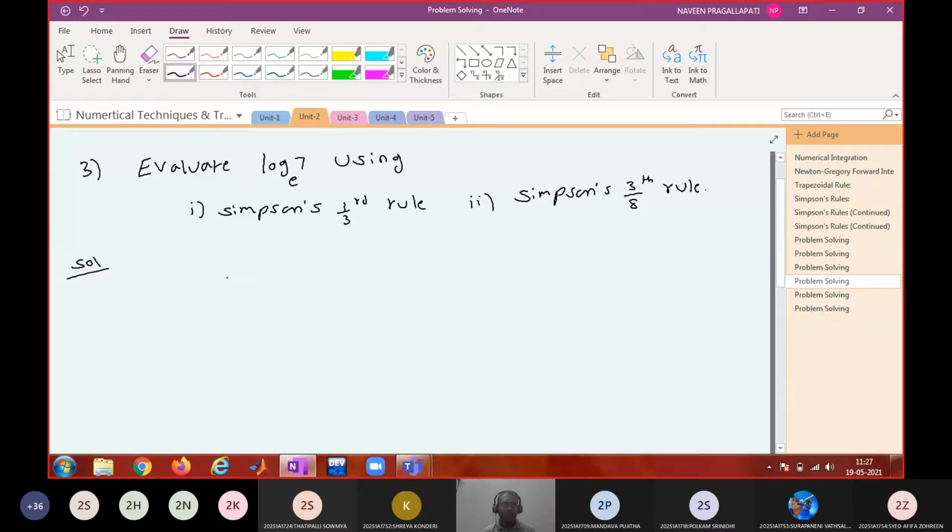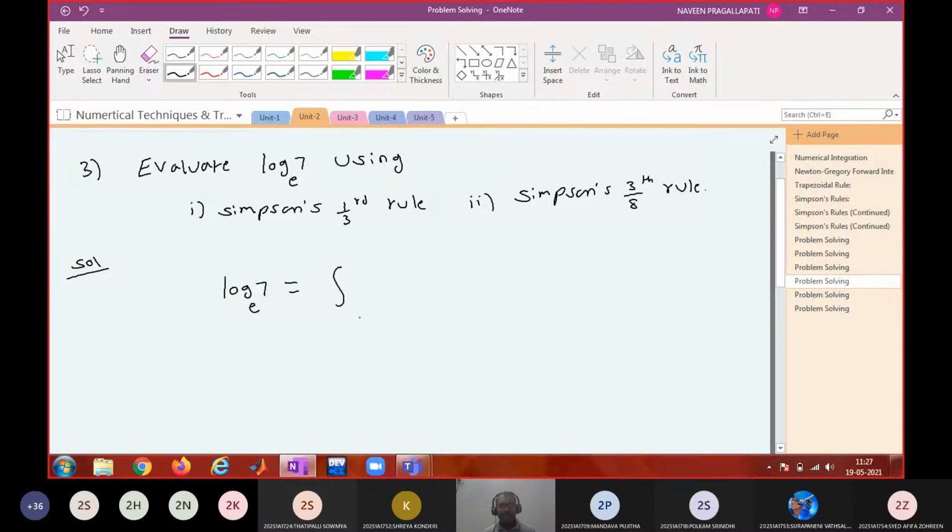Log 7 to the base e can be expressed as the integral of what? With what definite integral can we get log 7 to the base e? How do you get a logarithm? Tell me.